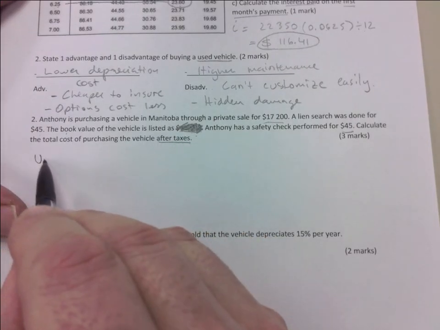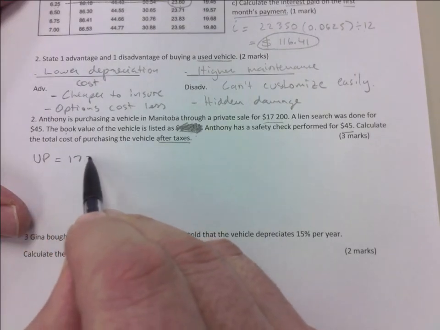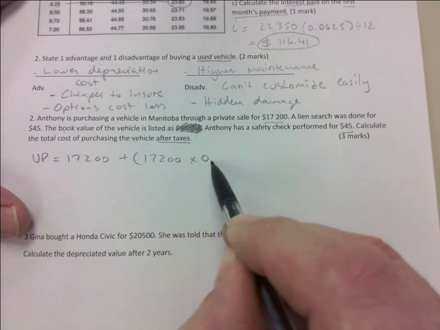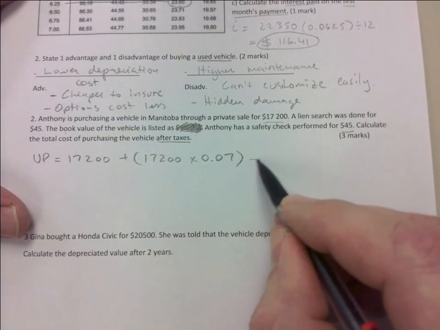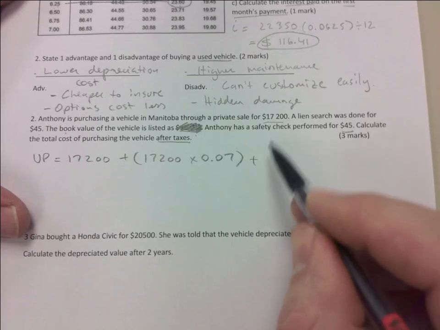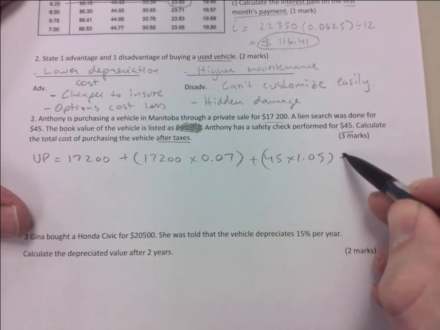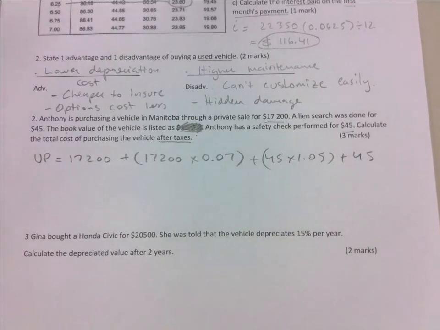So this is a used private sale. So it's 17,200 plus 17,200 times 0.07, plus there's a safety, so that's 45 times 1.05, and the lien search itself, which is also 45, just gets added like that.